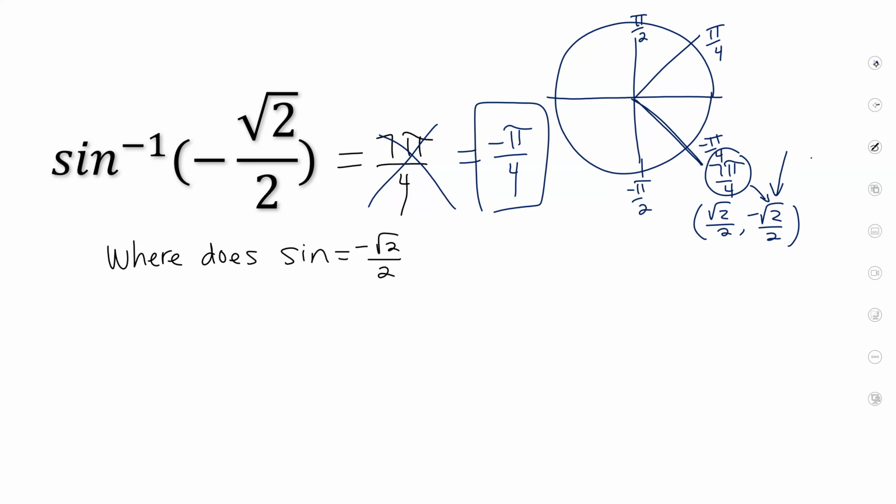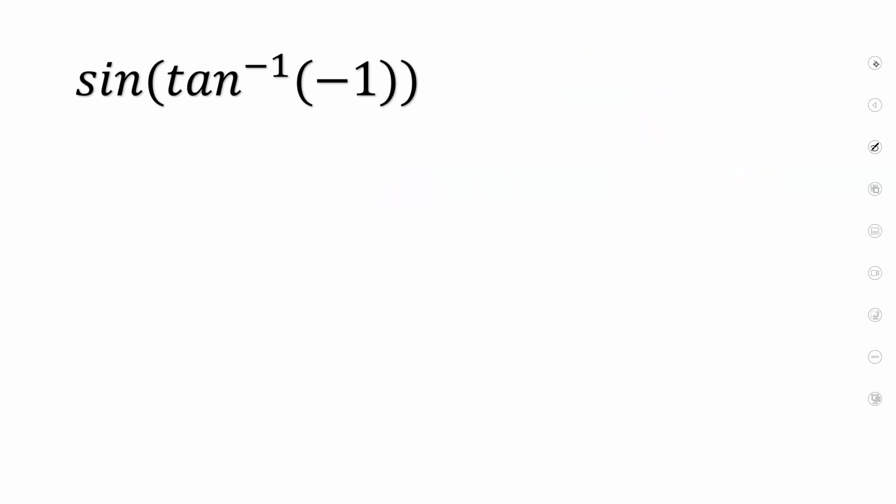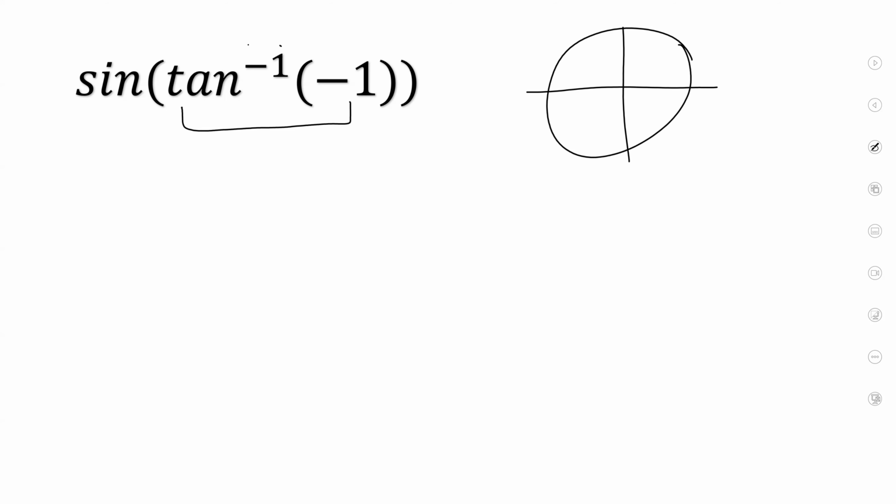Next one. Try it. All right, let's talk about it. I like the thinking that's going on. So let's go to the unit circle. I know that the inverse of tangent exists either here or here. But I know that everything in this quadrant is positive, so it's not going to be up here. It has to be down here. And this is the angle negative pi over 4. And the coordinate at negative pi over 4 is square root of 2 over 2 and negative square root of 2 over 2.